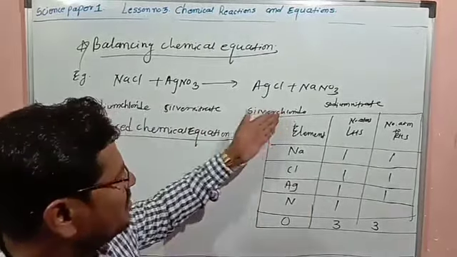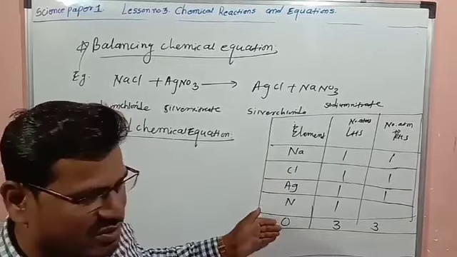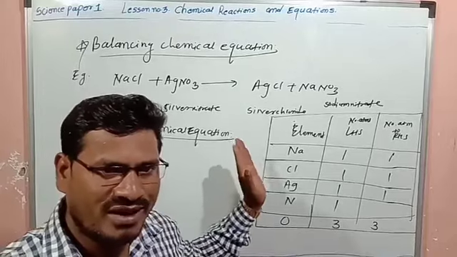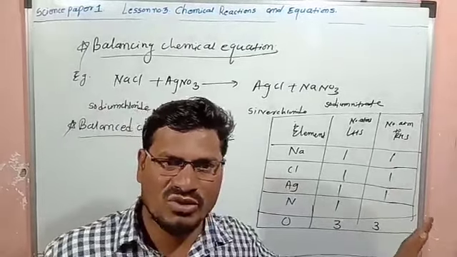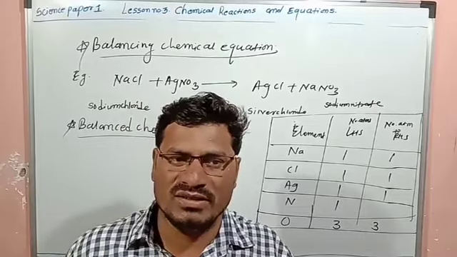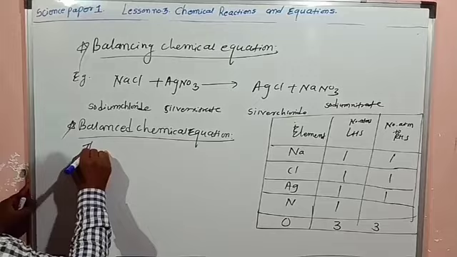Suppose number of atoms of sodium, chlorine, silver, nitrogen, oxygen, their atoms to the LHS are equal and their atoms to the RHS are also equal, then such chemical equation is called a balanced chemical equation.